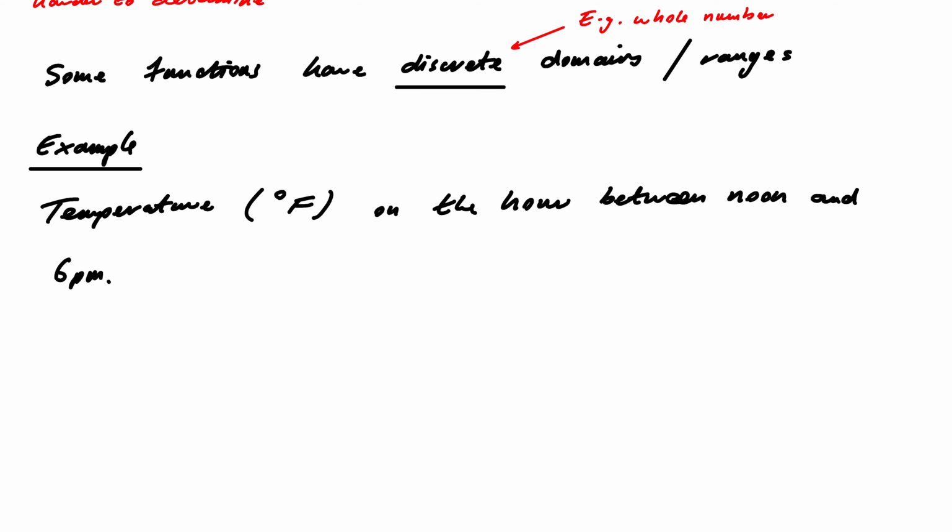If I was checking the temperature at every single moment between noon and 6 p.m., the domain would be, if I fix the units of time to be 0 at noon and in hours, the closed interval from 0 to 6. But I'm not doing that. This information is only going to be captured on the hour.